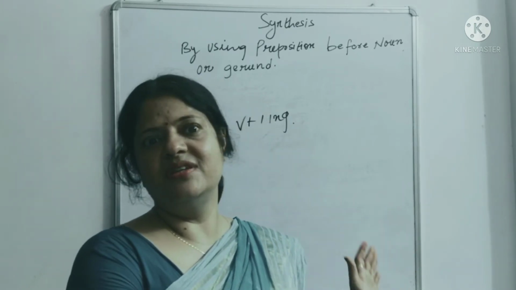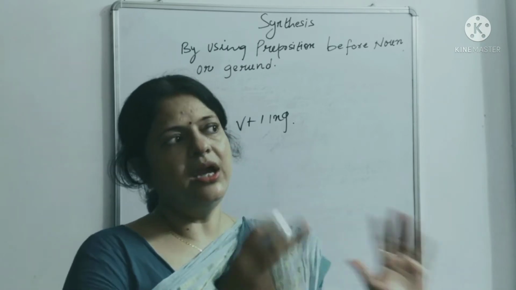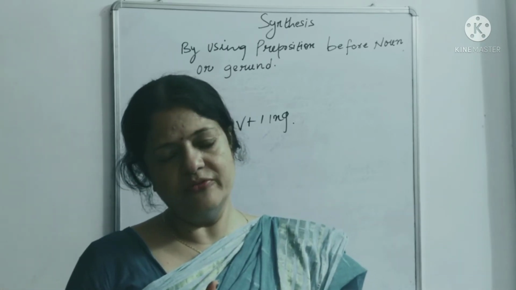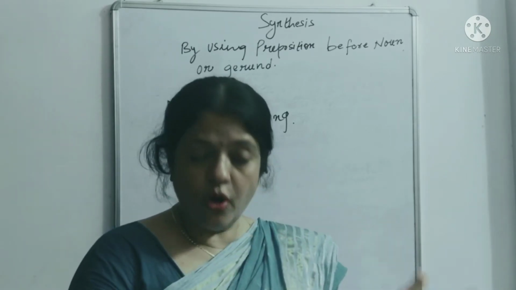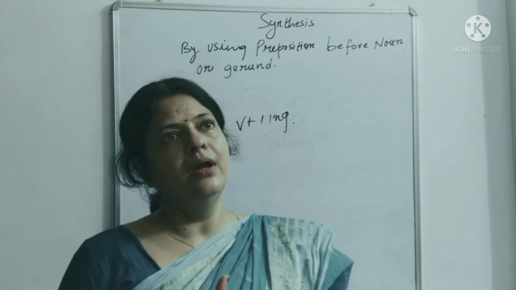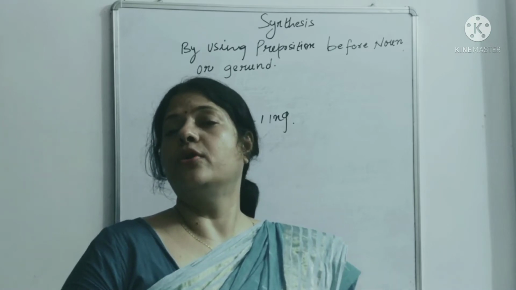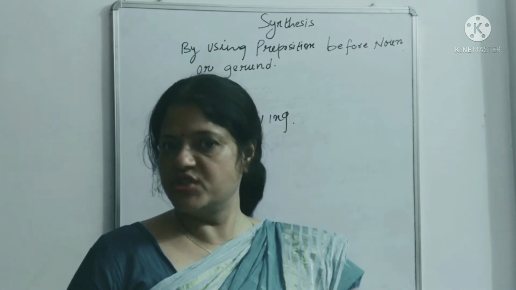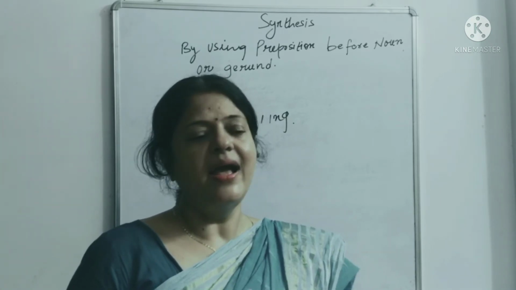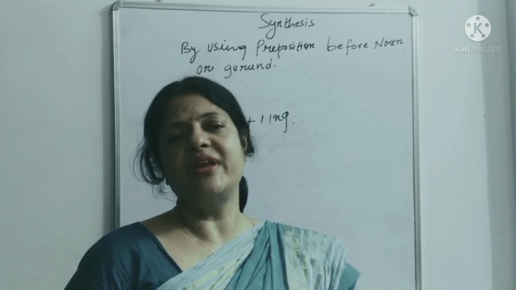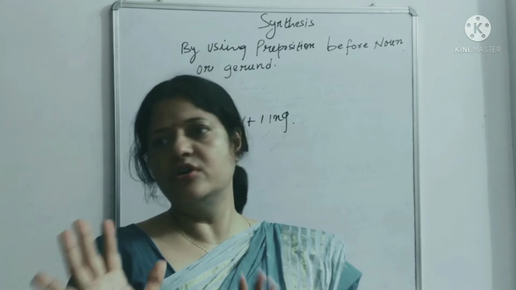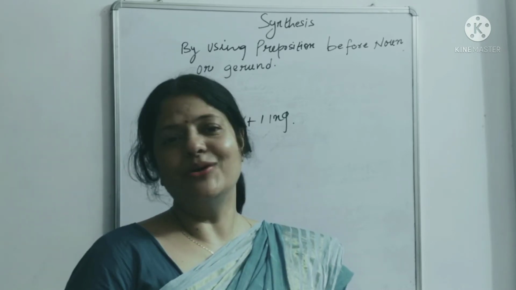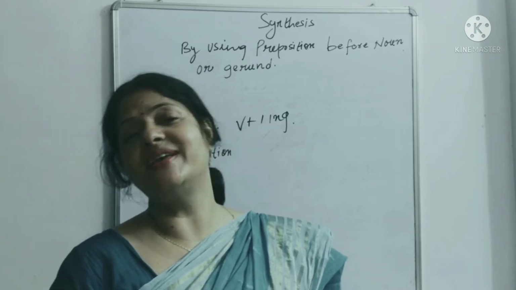A noun becomes the subject of a verb. It becomes the object of a verb. It becomes the complement of a verb. It becomes the object of a preposition, and it also works as a phrase in apposition. So there are five works of a noun, but we are not going to discuss all of them in detail.